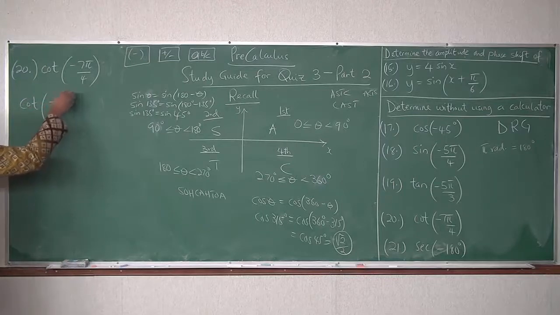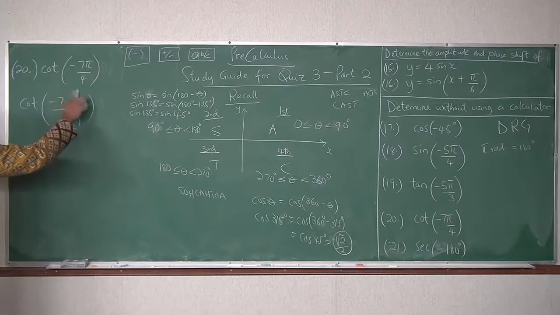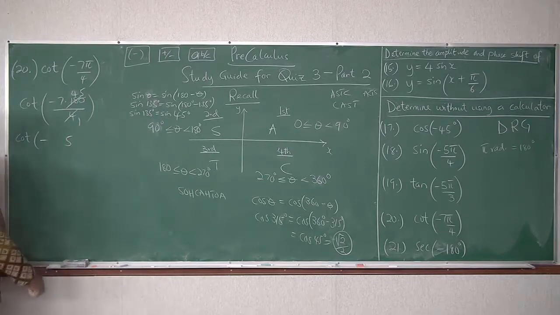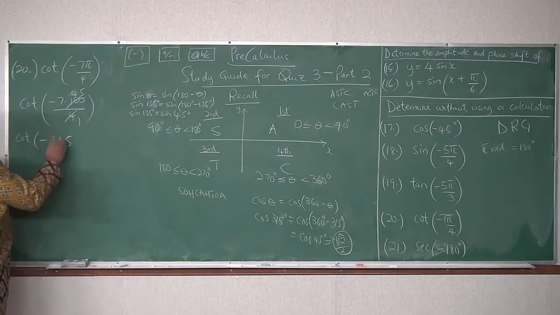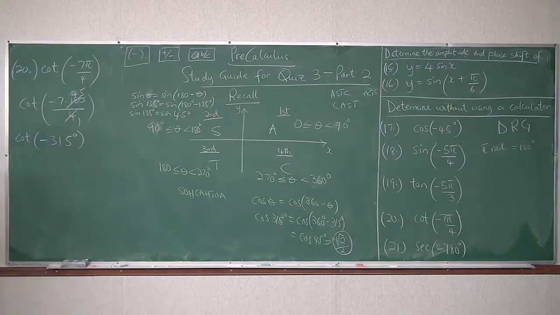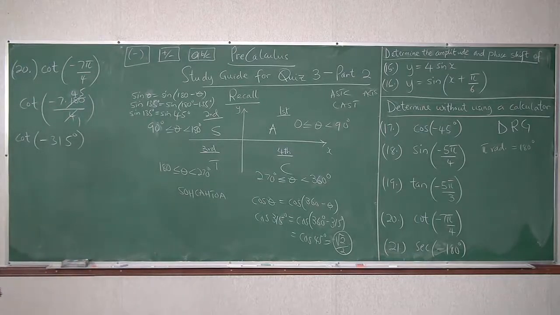Let's change this to degrees: negative 7 times 180 all over 4. 4 into 18 is 4, 4 times 4 is 16, giving 45. So 7 times 45: 7 times 5 is 35, 5 carry 3; 7 times 4 is 28 plus 3 is 31. So this is cotan of negative 315 degrees.